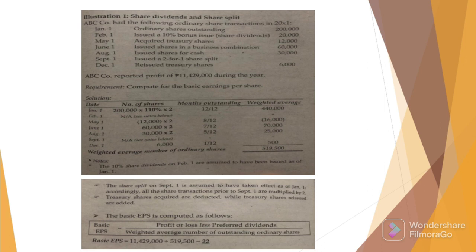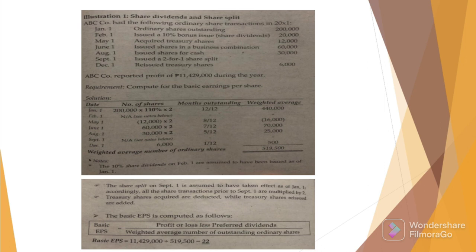On January 1, ordinary shares outstanding is 200,000. On February 1, issued a 10% bonus issue or share dividends, 20,000. On May 1, acquired treasury shares, 12,000.